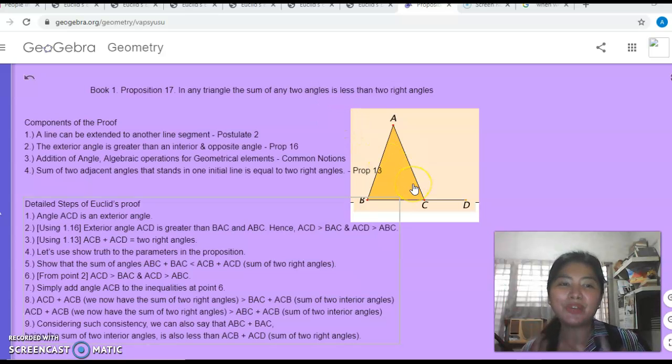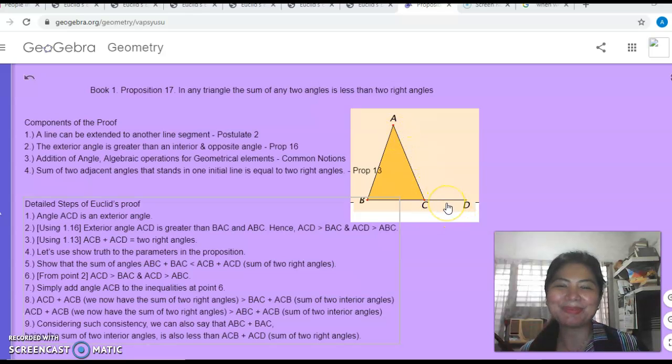Okay, so for our figure, we have this construct. We have triangle BAC here, and line BC has been extended to point D, so we have line BD here, and because of that step, we have produced exterior angle ACD.